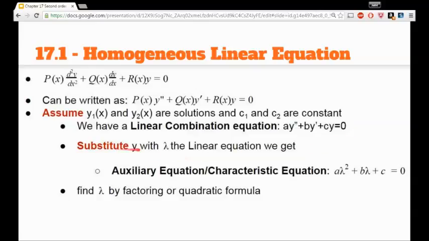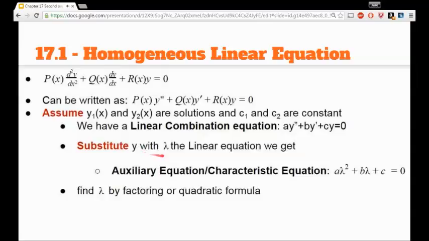Now we substitute y with lambda in the linear equation. We get an auxiliary equation, also known as a characteristic equation of a second order homogeneous linear equation, which is a lambda squared plus b lambda plus c is equal to 0.